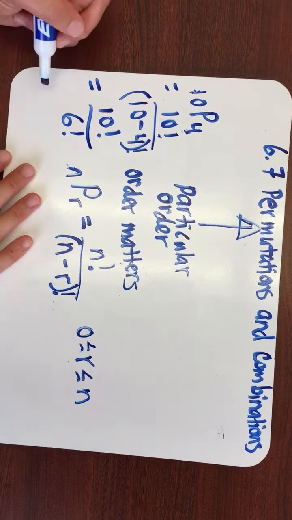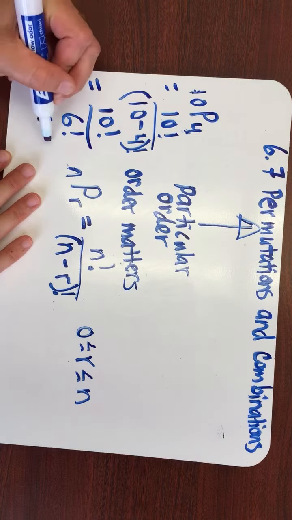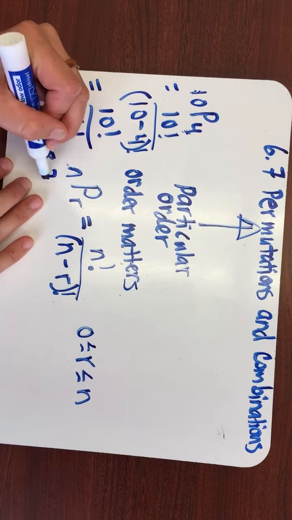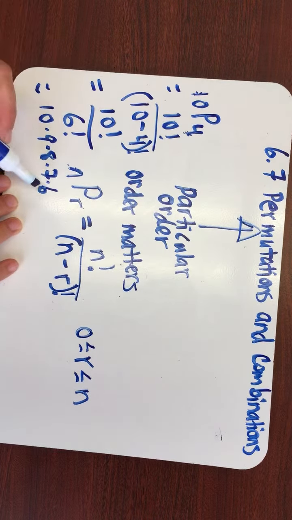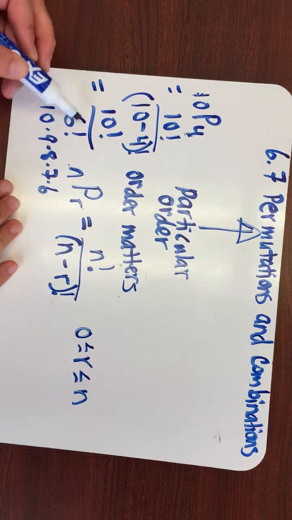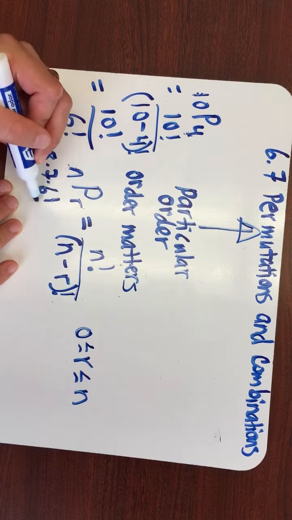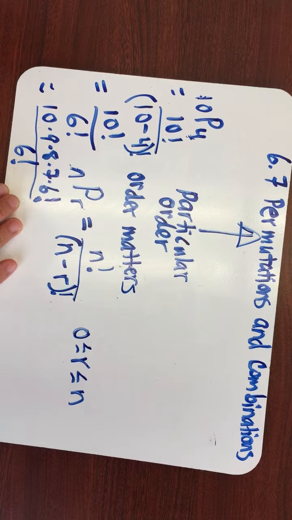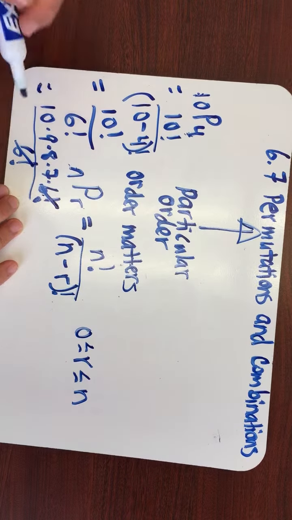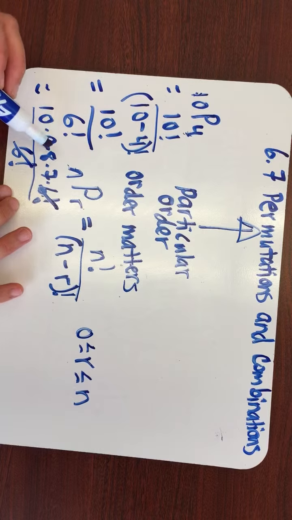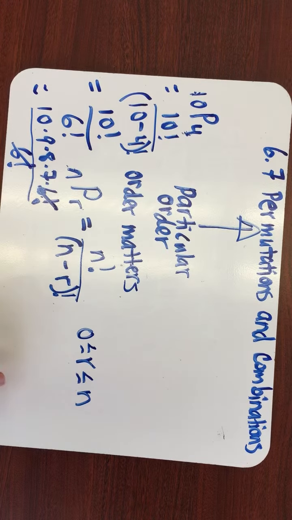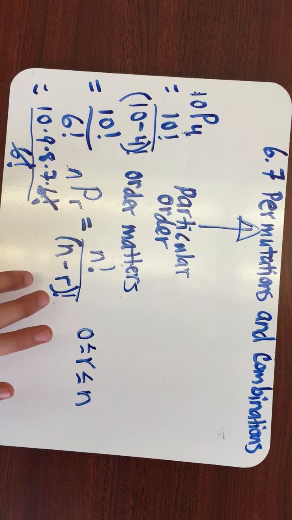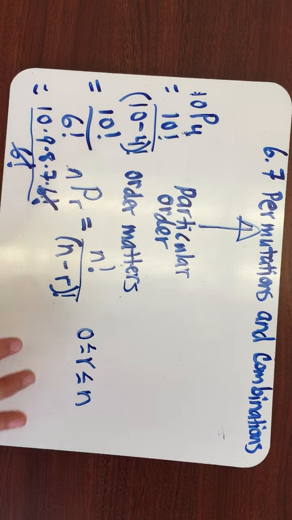If you're doing this by hand, I would suggest writing this out as 10, 9, 8, 7, 6, and then stop the numerator at whatever the denominator is, because then we'll just have 6 factorial divided by 6 factorial, and these will cancel out. Then you multiply 10 times 9 times 8 times 7. That will make it easier than multiplying all the way down.